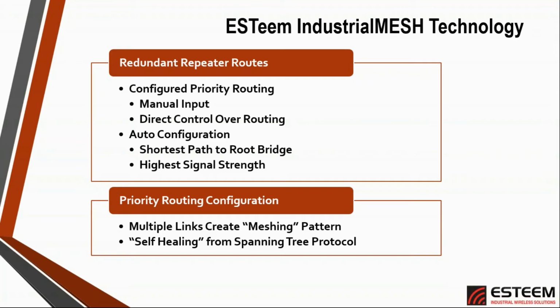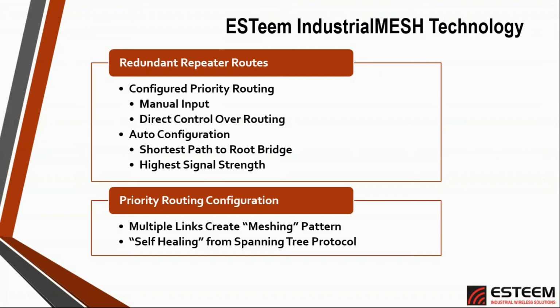The first one is where you manually enter the priority of those. You take direct control of the routing. The next one is if you let the radio do an auto configuration. The difficult part about the auto configuration is the radio has to make some intelligent choices, and you have to fix those decisions when the radio is designed.